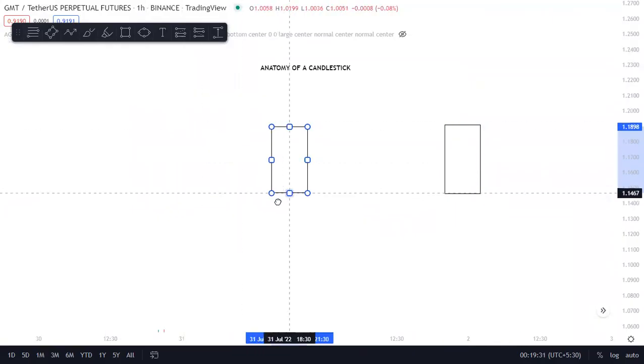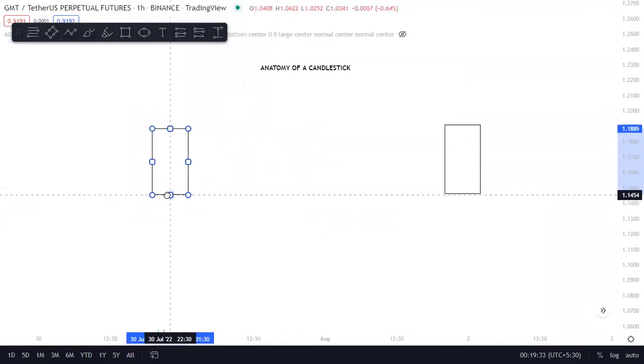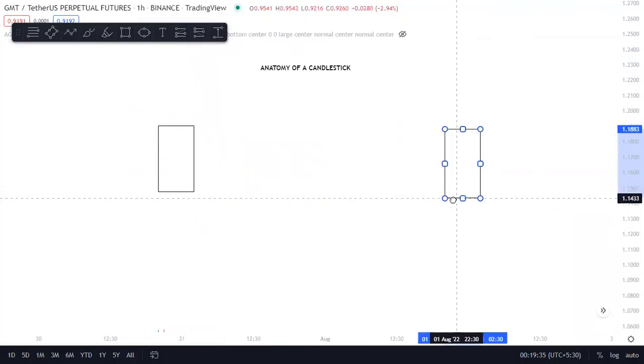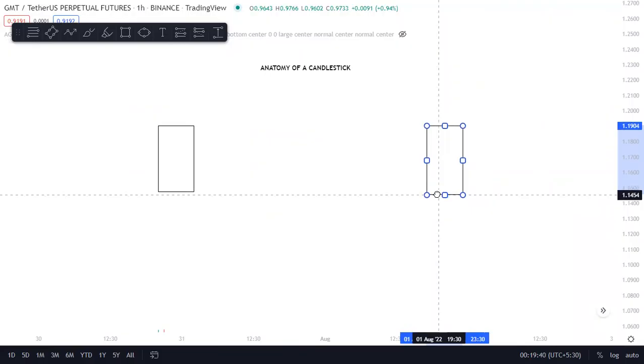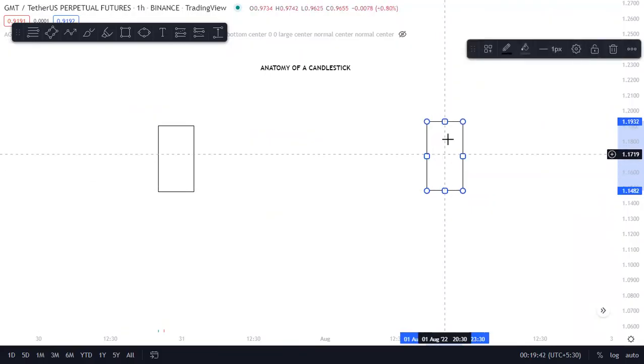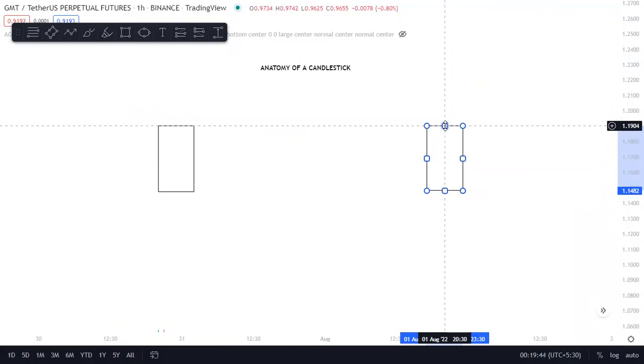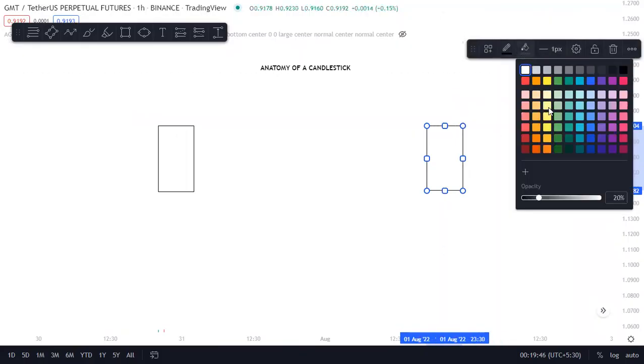Explaining it in a way that even a 5-year-old could grasp. Like I said, white will be a bullish candlestick.